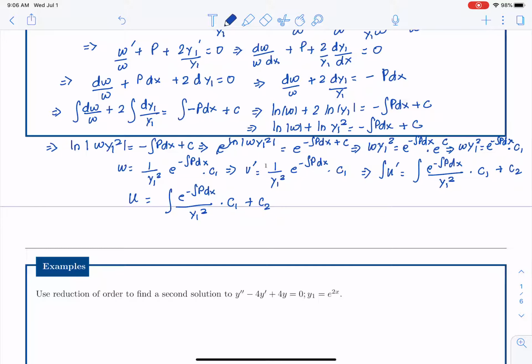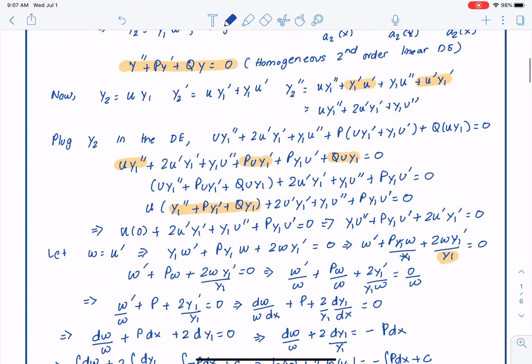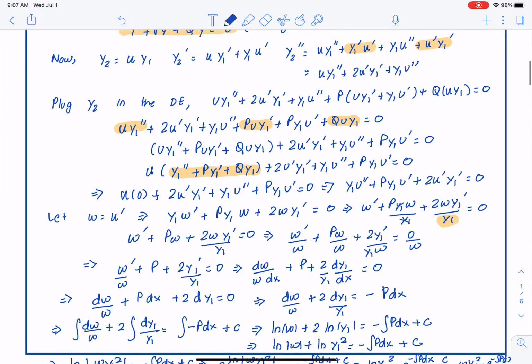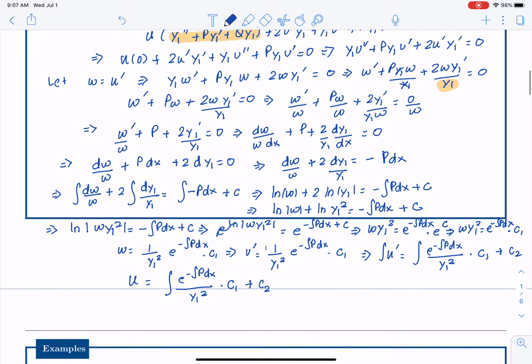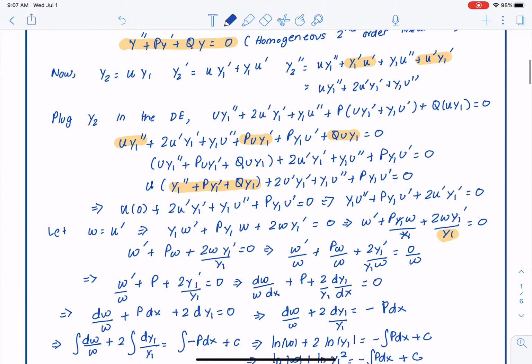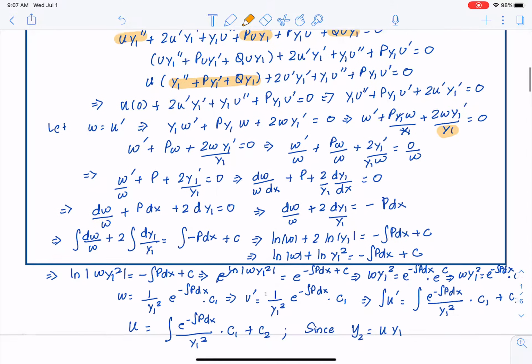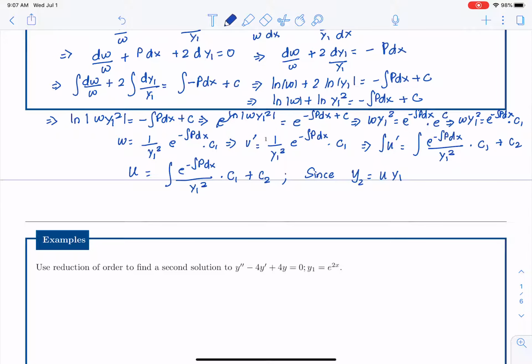Now that we have a solution for u, we have to find the second solution, which is y2. Since y2 is equal to u times y1 from earlier, just right here, I'm going to plug in the u that we just derived.